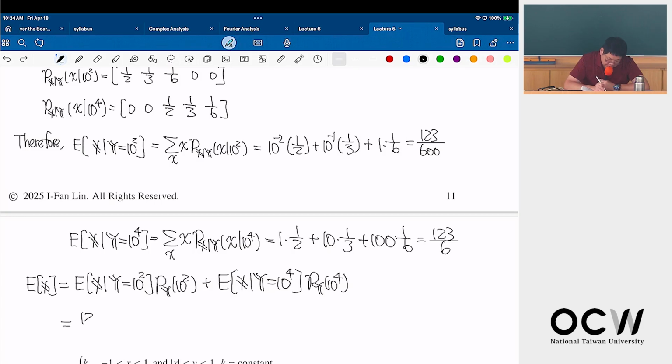So we get 123 divided by 600 times 5/6, and also 123 divided by 6 times 1/6.